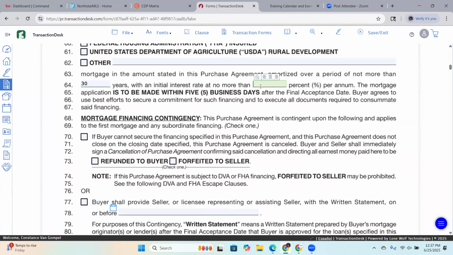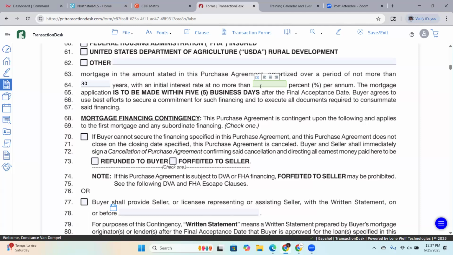Interest rate, we never know exactly what the interest rate is going to be for our clients. So a lot of times we put per lender, per market, because it's going to be up to the lender to lock that rate in. Sometimes lenders will say you can't go past 7.25, and you might just put that in there.